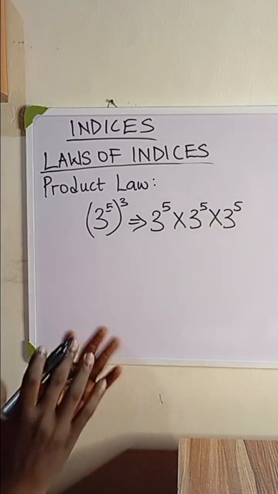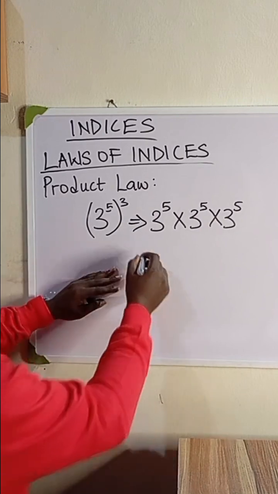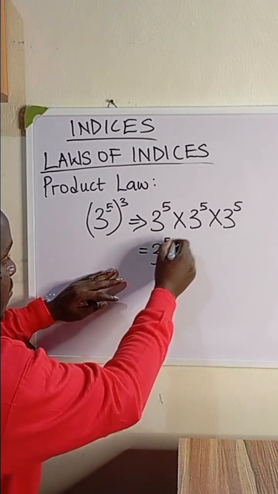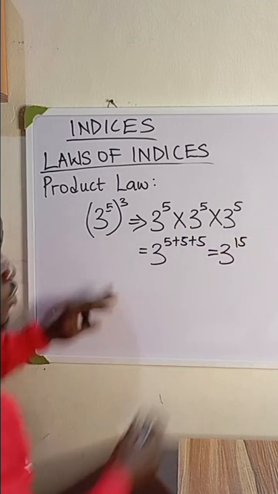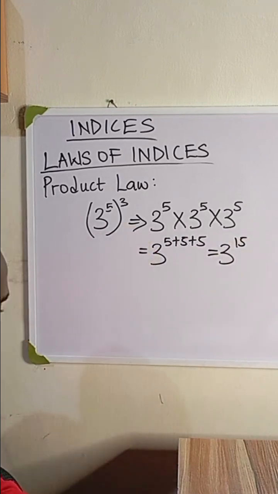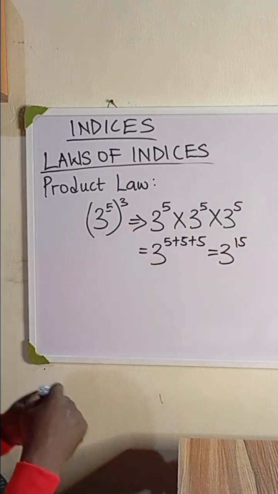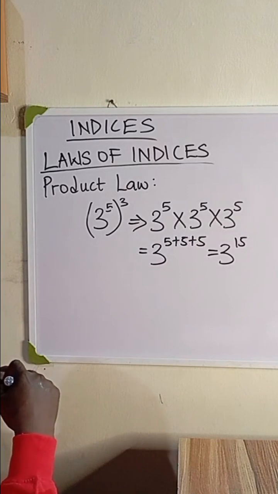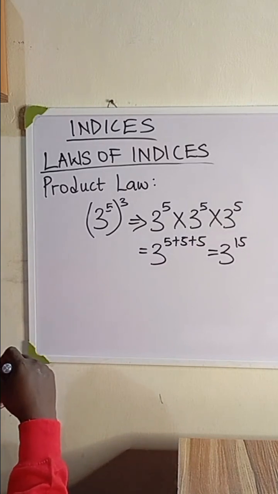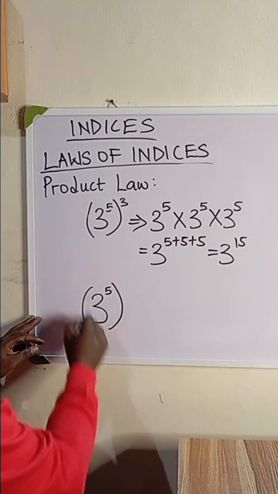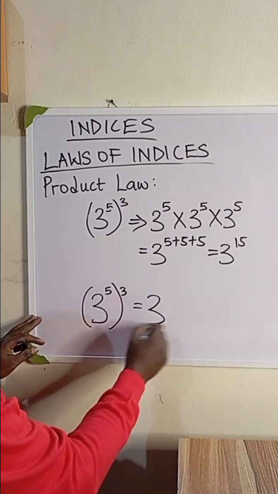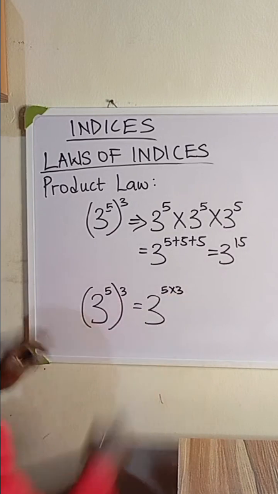So using the law of addition, this is the same thing as 3 to the power of 5 plus 5 plus 5, which is 3 to the power of 15. So this is one way of looking at it. But actually, the way you can easily solve it is, if you have 3 to the power of 5, this is simply 3 to the power of 5 times 3.